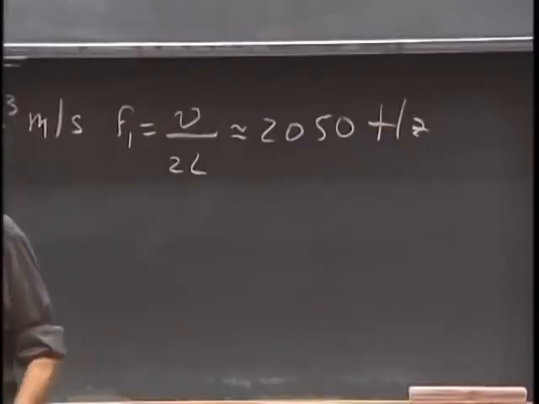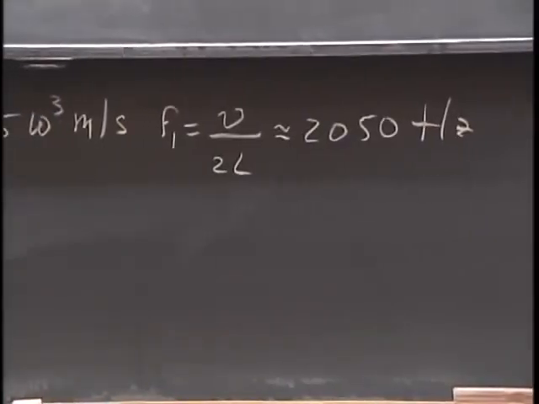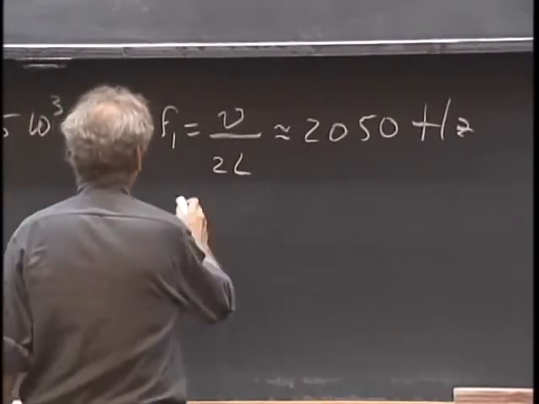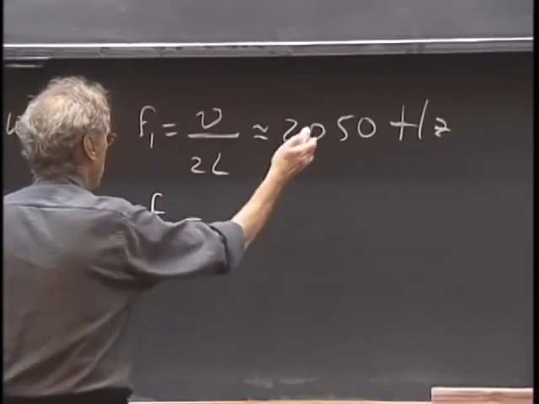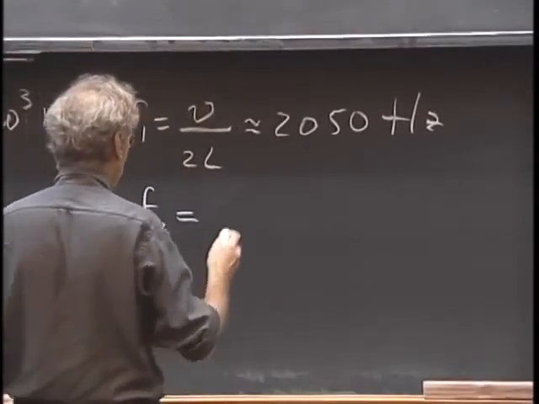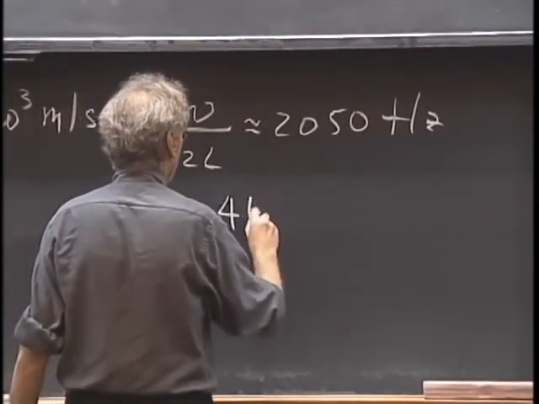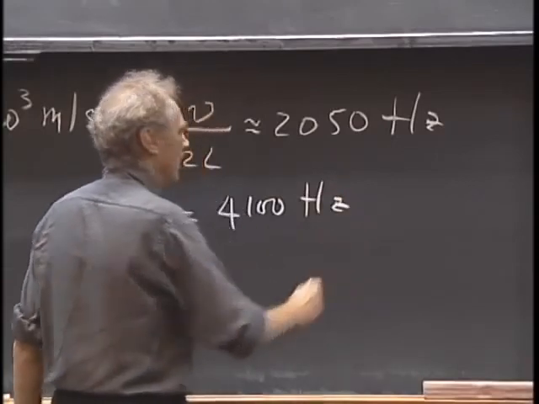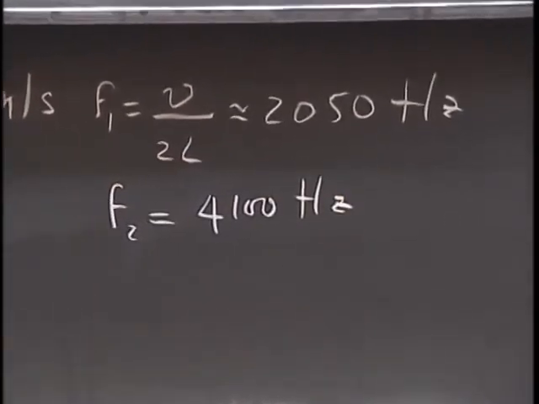And the actual value we measured is about 2044. And there may also be, when I hit it with a hammer, some that is twice as high, so that may be 4100 Hertz. That would be double the frequency. That would be the second mode.